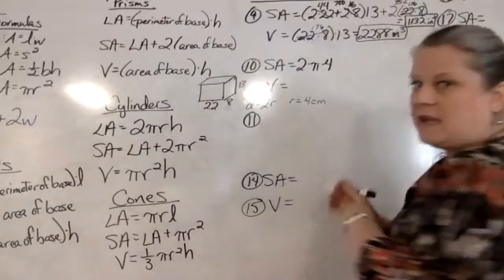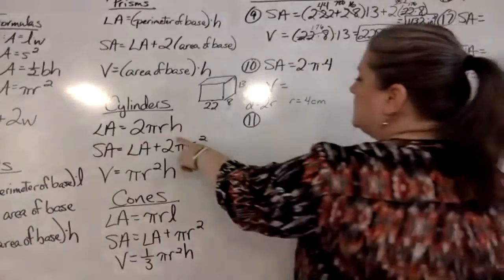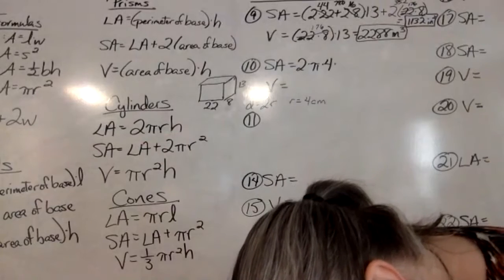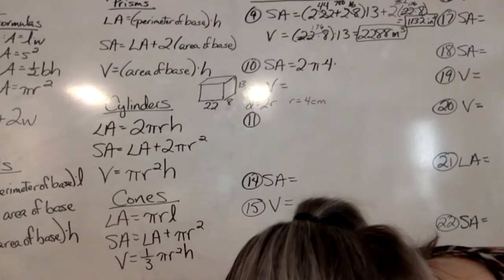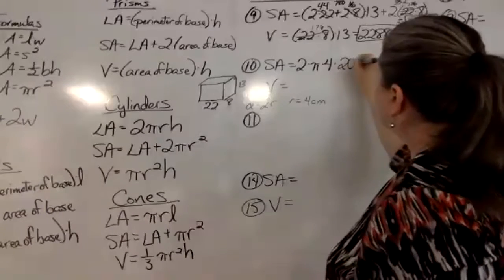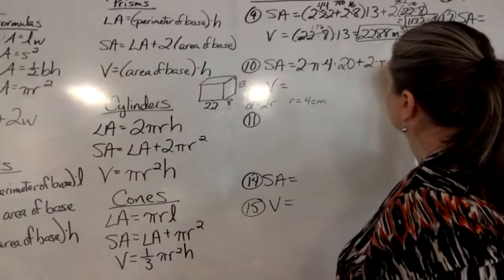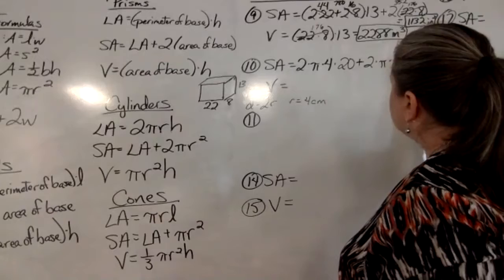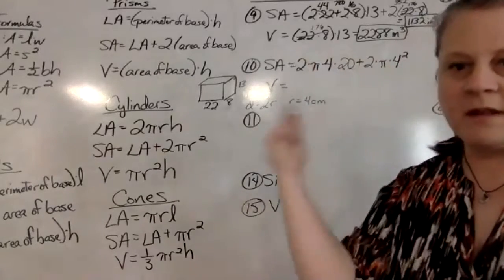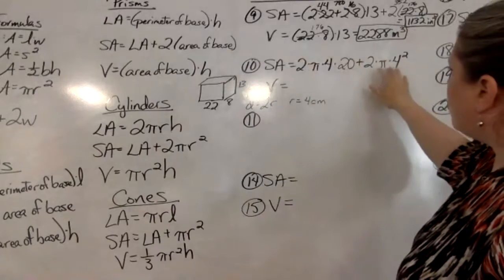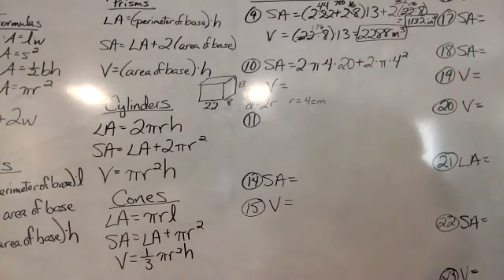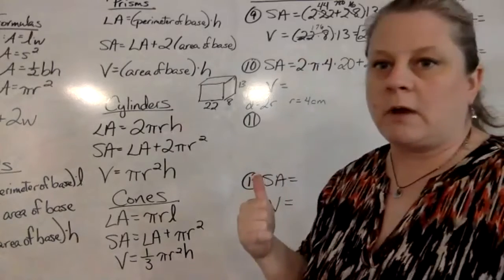If the diameter is 8, the radius is half of it, times my height, which it said the cylinder was how tall? 20, is that right? 20? Plus 2 times pi times the radius squared. I have my lateral area going around the sides, and then I have my circles, the top and the bottom.